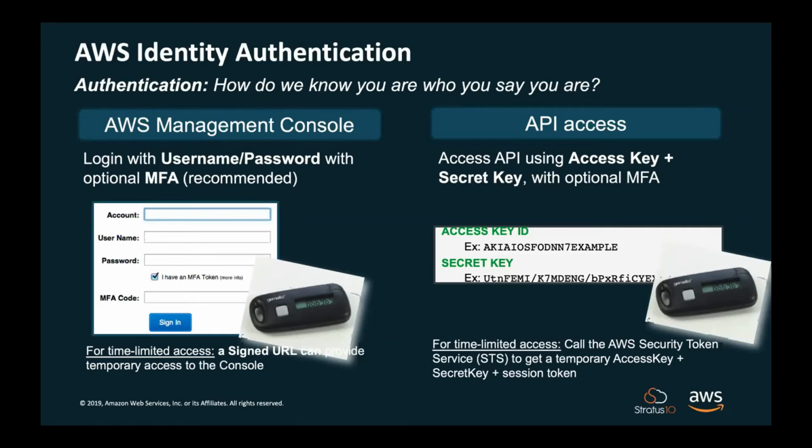You also have the ability to do multi-factor authentication, providing a security token with your access. And with API access, you can create access keys and secret access keys. A combination of those two is what you use to grant access at the API level within your code base, a way to grant access to automated tasks.